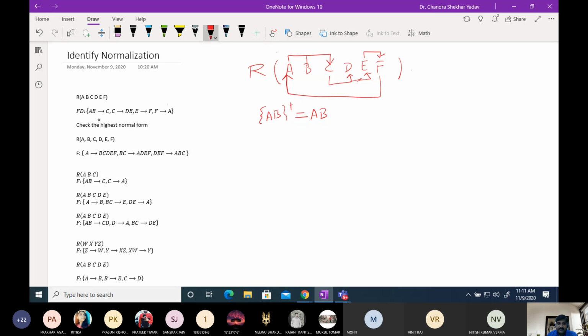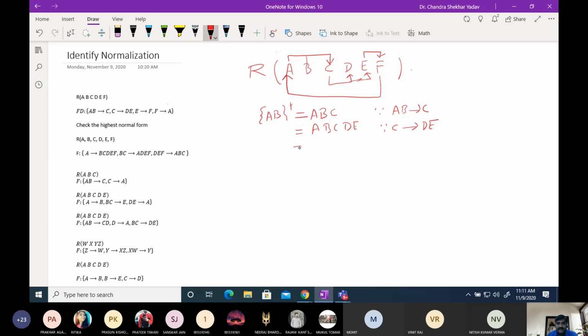Again, since AB determines C, we can associate C. Again, C determines DE, so we can associate DE.